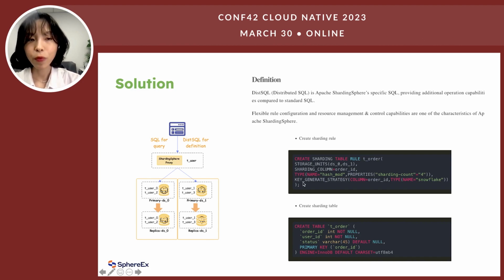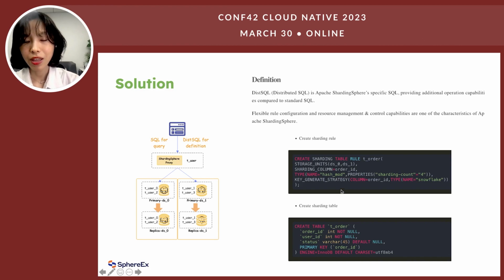But here, if we want to define a sharding table, we need to use this distributed SQL. It's the Sharding Sphere SQL dialect, similar to your MySQL dialect or PostgreSQL dialect. It's a distributed SQL.